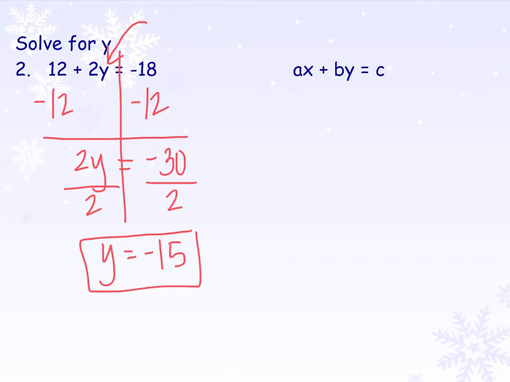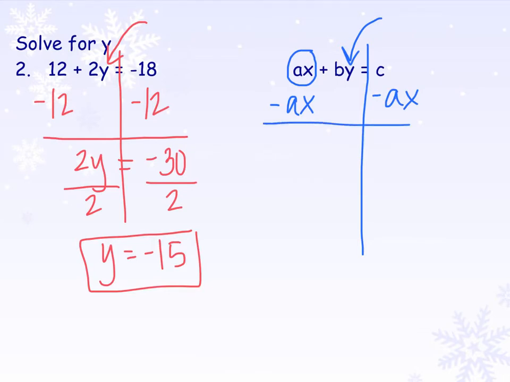Looking at the next one, as I go to start solving this, again, I'm solving for y, so that's what I want to get alone. I want to move this whole ax term. Since it's positive, and I don't really know anything else about it, I'll just subtract it from both sides. Just like if that was the 12 from the example before.